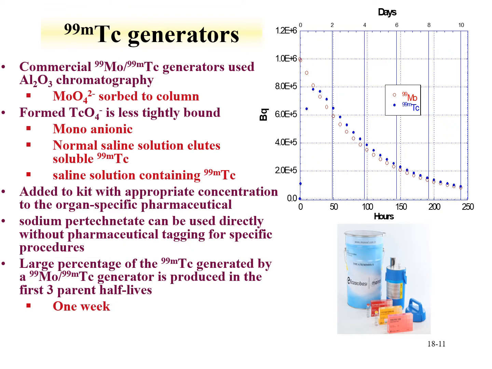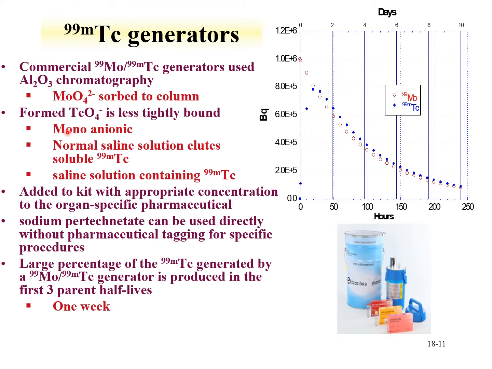saline contains the technetium. Here is shown a growth and decay curve for molybdenum-99 and technetium-99m. You see that the bulk of the technetium activity, shown here in blue, is generated within the first week of the generator system.